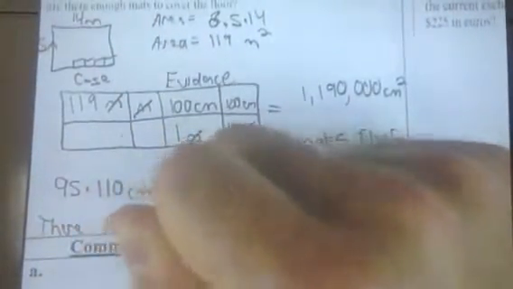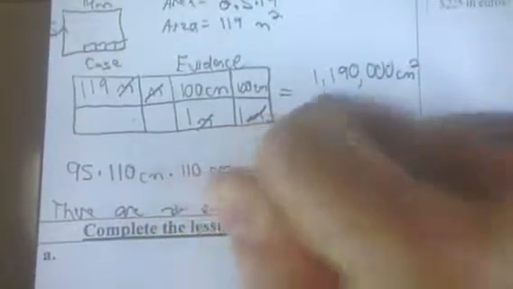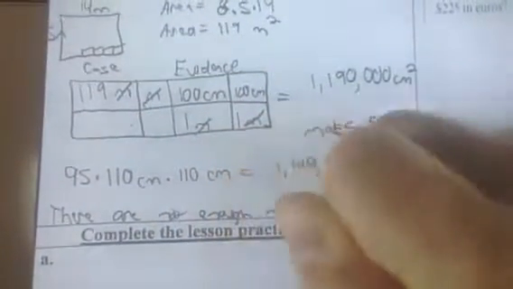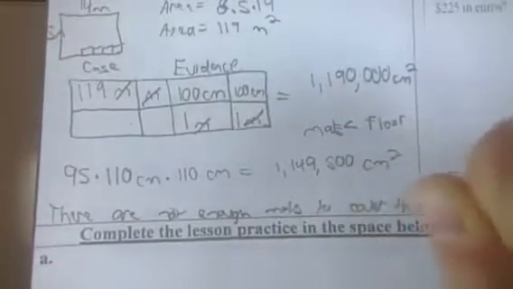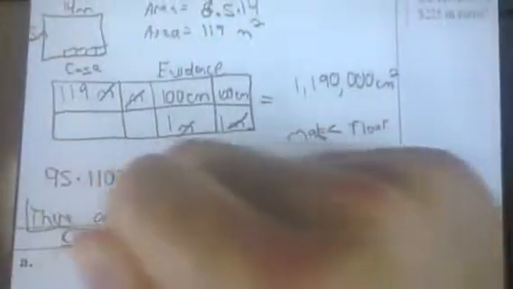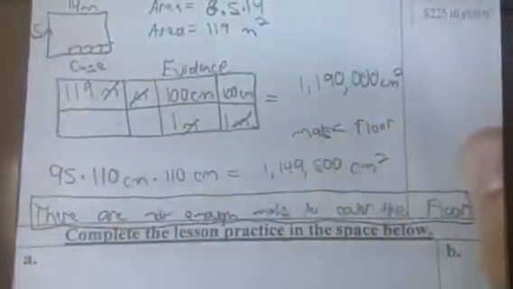So the area of the mats is less than the area of the floor. So there are not enough mats to cover this floor.